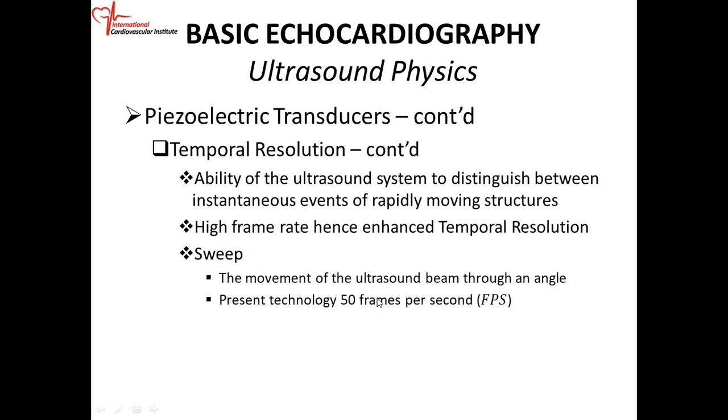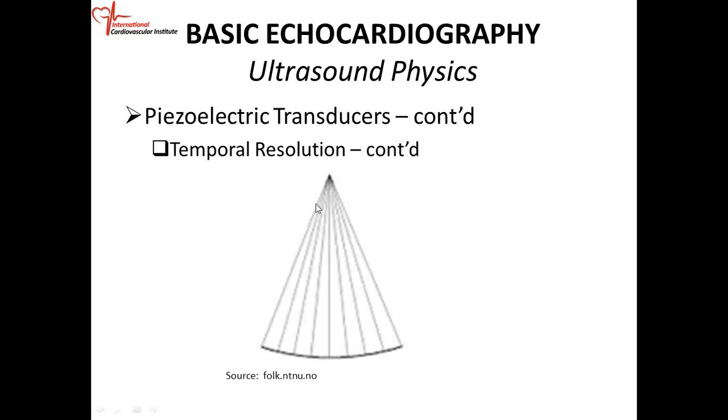So again, this is one frame. A frame consists of a number of scan lines, and then there is the sweep angle. The sweep angle may be 30 degrees, so this is this angle right here. It may be 30 degrees, 60 degrees, or 90 degrees.